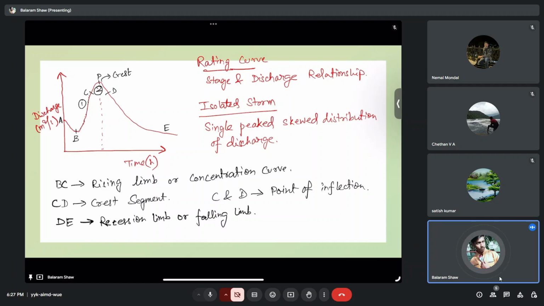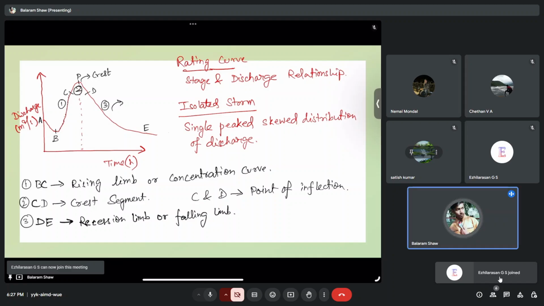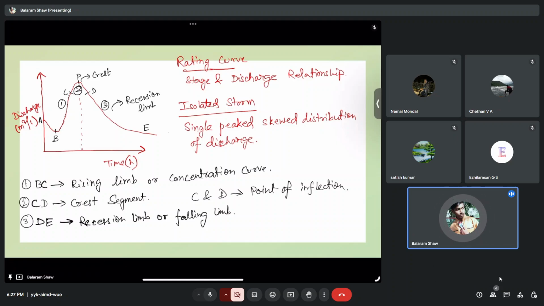You can see this is 1, this is 2, and this is 3. This is called the recession limb, right? And note that this recession limb is kind of a convex curve, right?